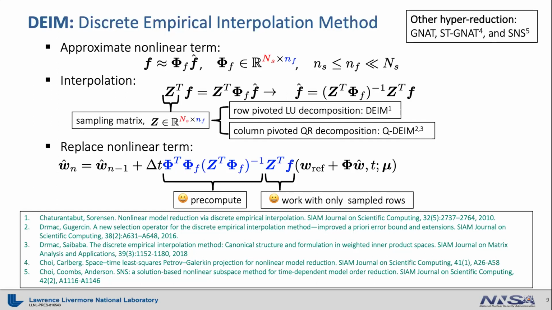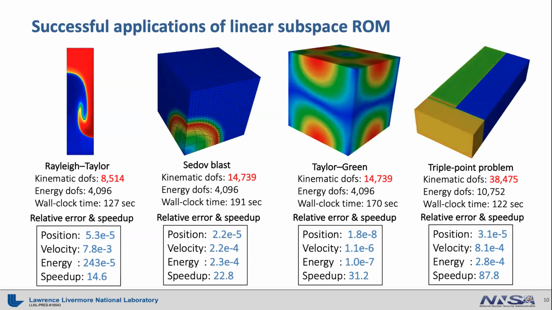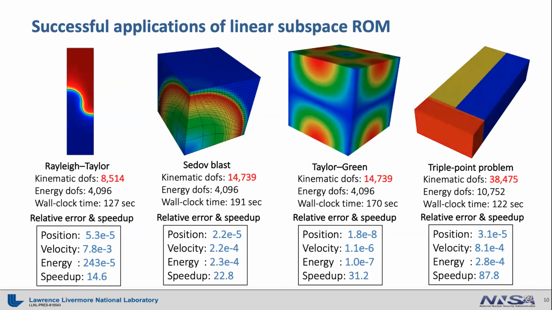This traditional linear subspace reduced order model can be used to accurately accelerate various physical simulations, achieving a speedup of 10 to 1000 with a relative error less than 1% or 5%, for example. So, for example, this linear subspace reduced order model has been successfully applied to tough simulations such as Lagrangian hydrodynamics.